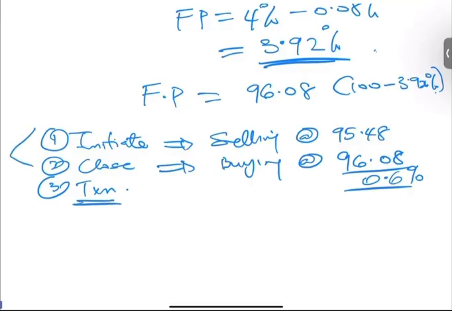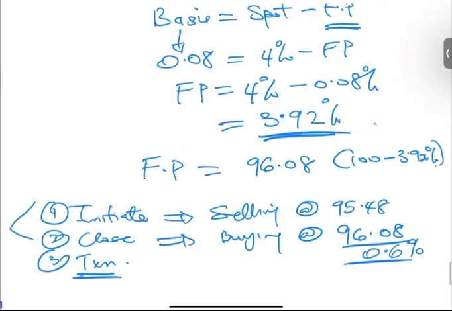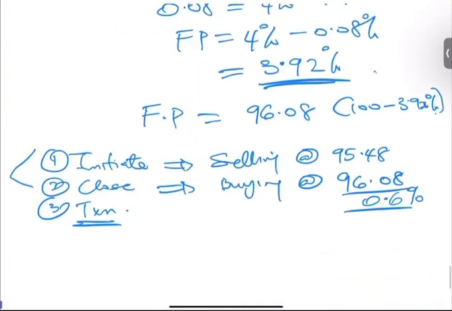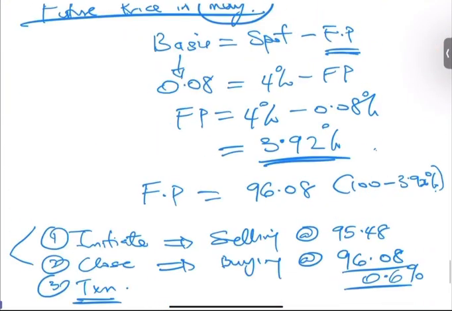But the transaction itself, how much do we want to borrow? We're planning to borrow 1 million. And remember, the transaction will always take place at the market spot rate on 31st of May, which is 4%. And we need to borrow for 3 months.